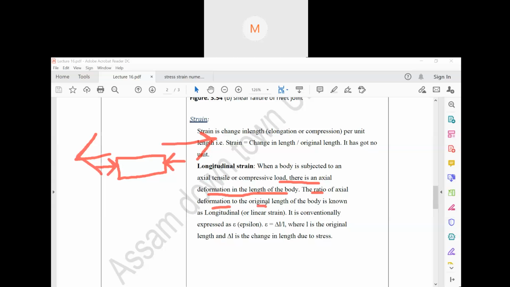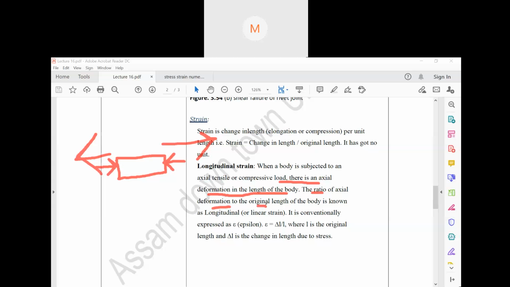Just remember that the ratio of axial deformation to the original length of the body is known as longitudinal or linear strain.